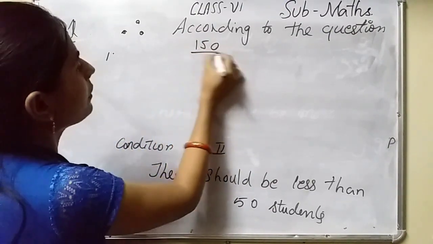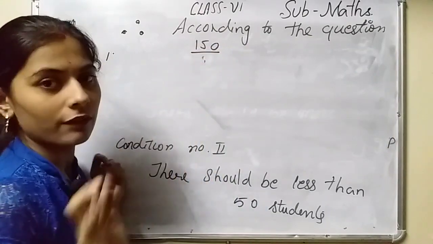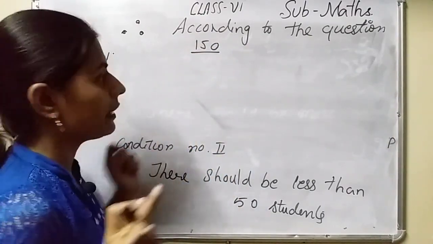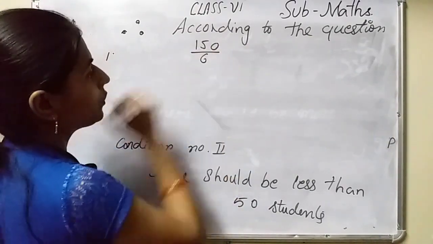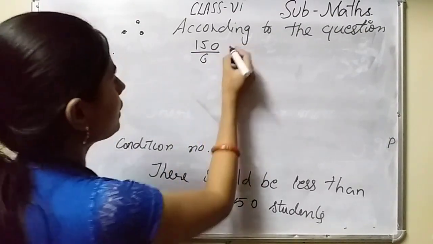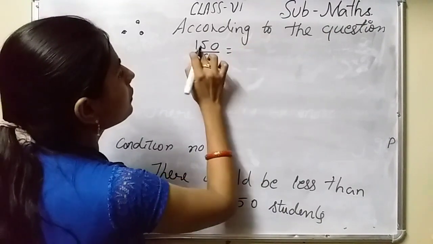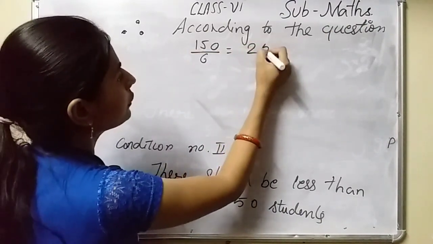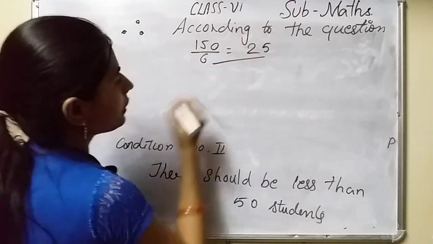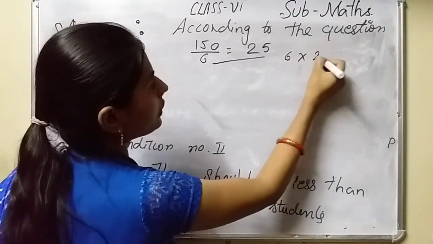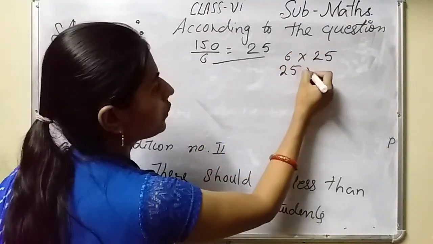Now 150 by 1 you cannot divide, and by 5 also you cannot divide, it should be more than 5. So you have to divide by more than 5. 6 into 150: 6 ones are 6, 6 twos are 12, 25. So one pair you got here, 6 into 25 and 25 into 6.